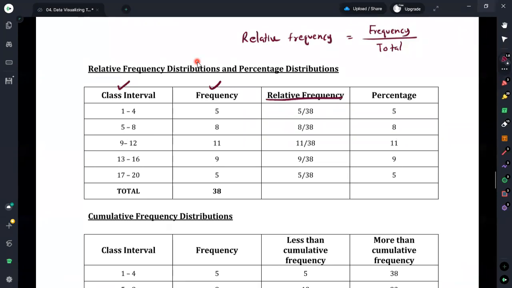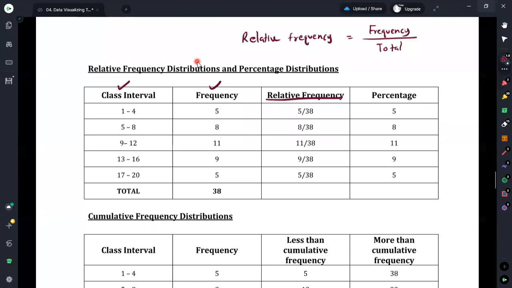Here we can see that the frequency of this class is 5 and it has to be divided by 38. The frequency for the next class is 8, and it has to be divided by 38. It is the relative frequency for the class 5 to 8.